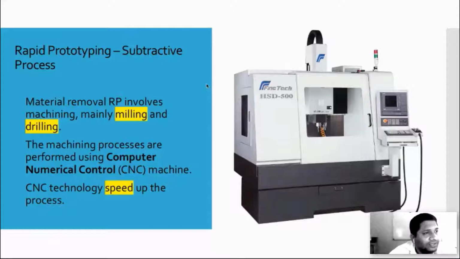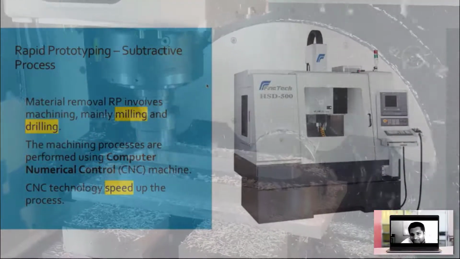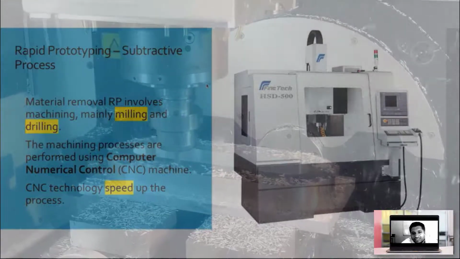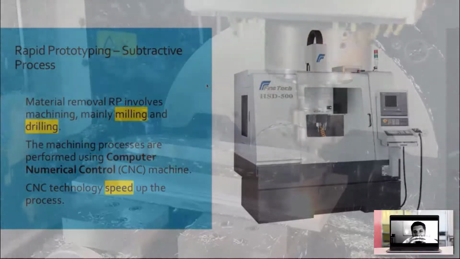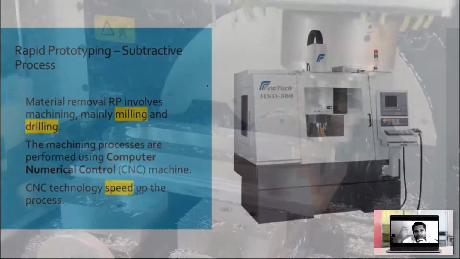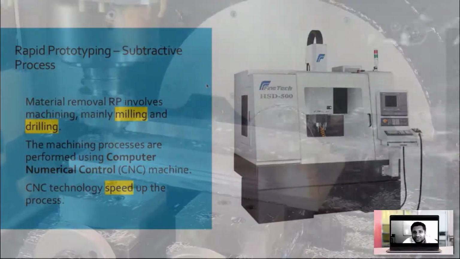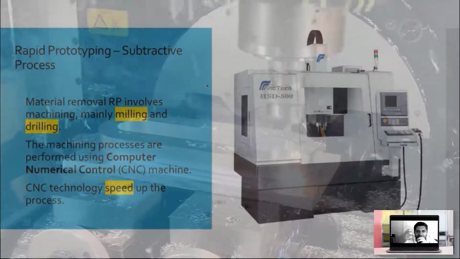There are two types of rapid prototyping. Number one is subtractive and number two is additive. Subtractive rapid prototyping involves having a block of material and then reducing the material, like the machining processes such as milling and drilling. We have a solid block and then we remove material to create a part.